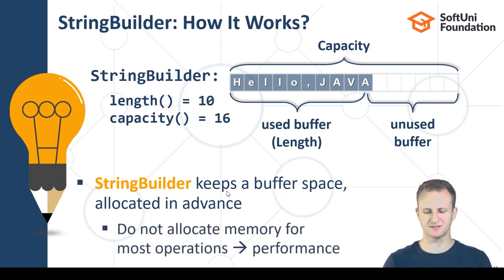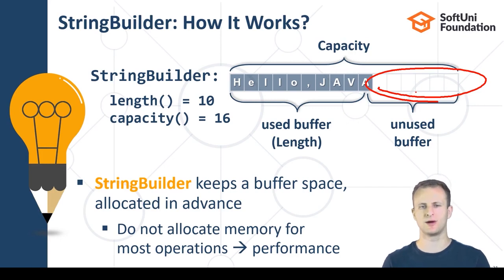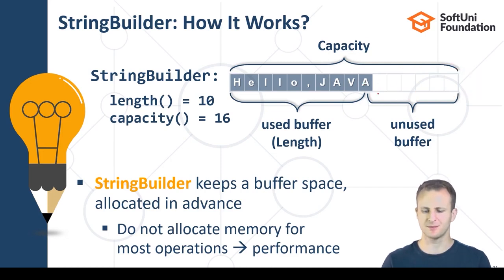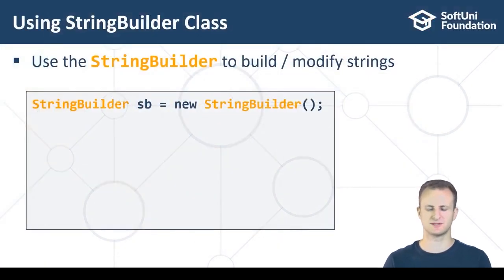Since it has additional memory, whenever you need to add symbols, it doesn't need to copy all of its items into a new, bigger place to accommodate the new symbols, because it already has some space in which it can put them. So that's what a StringBuilder is. A StringBuilder is created so you can modify strings.